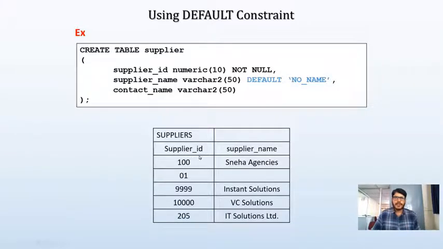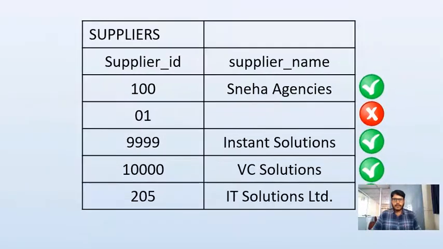And as you can see here, I'm trying to store a null value in supplier name. But in this case, it has to store no name as a value in supplier name. As you can see, for a second record, I'm going to store null.